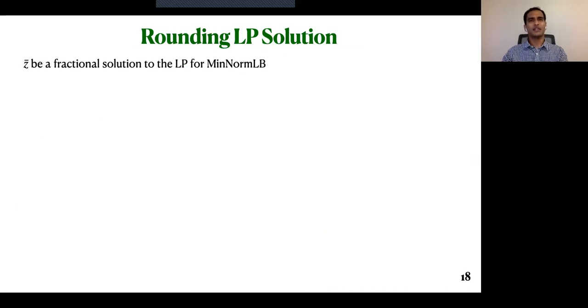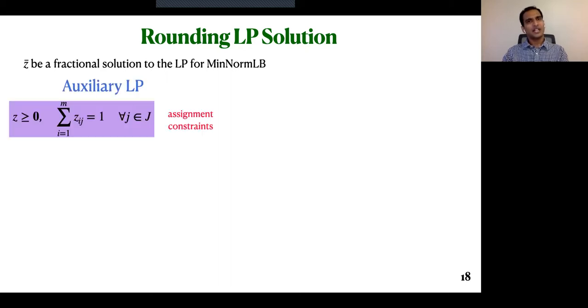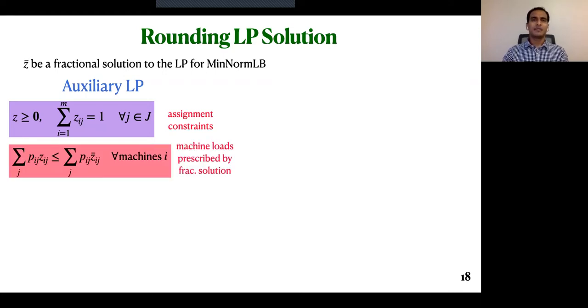I'll briefly mention how the rounding procedure works. Let Z bar denote the fractional solution obtained by the LP that we saw on the previous slide. We start with an auxiliary program that has assignment constraints. Next, for each machine I, we add a constraint to bound the load on machine I by the load prescribed by the fractional solution Z bar.